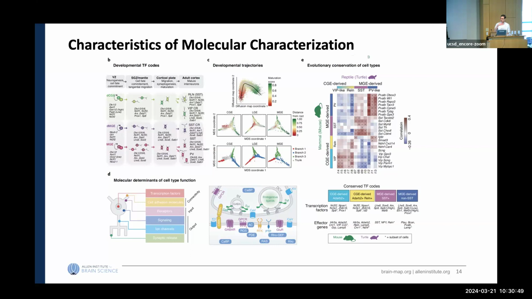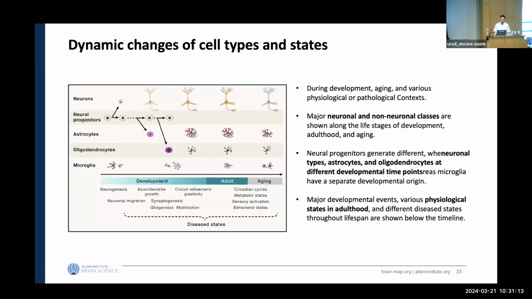How things change in development, and you may need to consider the developmental trajectory of an organism to fully understand its terminal state. You've probably seen that classical diagram of Waddington that shows, starting from a given place, how certain events take place, and it divides, specializing to a terminal cell type.